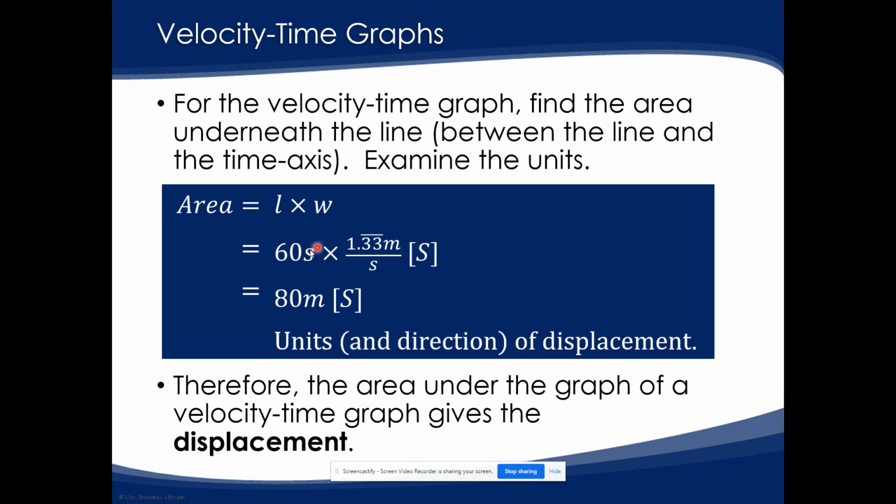We have 60 seconds for our time, times our velocity of 1.33 meters per second, and we end up with 80 meters to the south. So we have our units and then our direction of displacement. We have to keep that south with it, even though we have no clue what this is telling us yet. That area under the graph is actually going to give us our displacement, so how far we've gone.